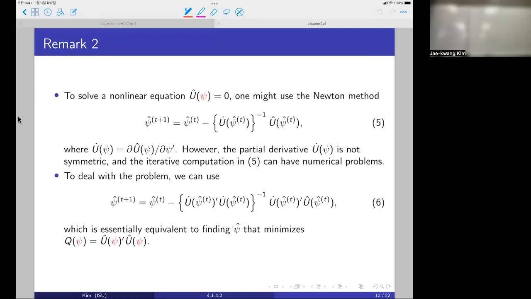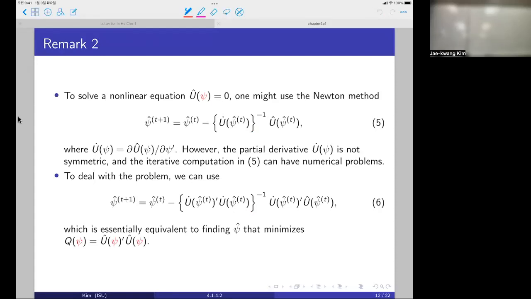There are several reasons. First of all, this could be non-singular at the true value. In the limit, at the true value, this is non-singular. But you don't know the true value, right? You are searching. So along your search path, the value could be singular.